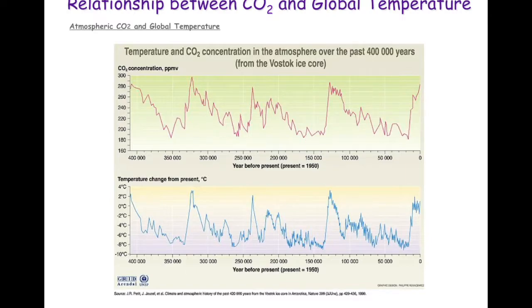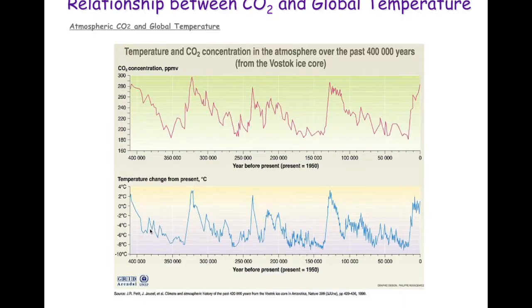What is interesting is that over here in the past 40, 50,000 years, the carbon dioxide level has been pretty much steady, and it's going up now. So we're on the verge of some sort of global warming phenomenon, but you can see from this chart that it has maxed out in the past at 300 parts per million.